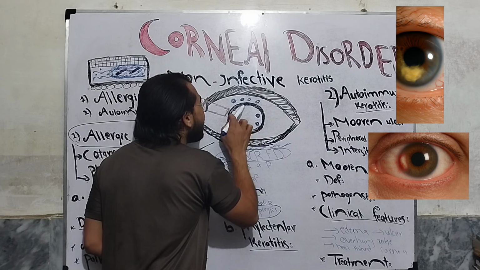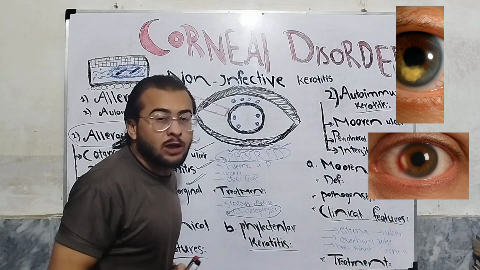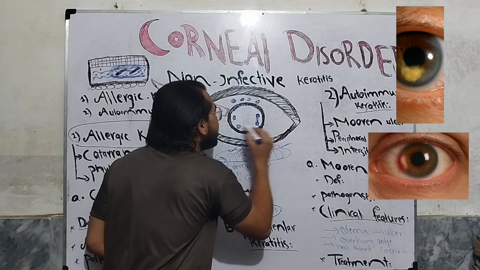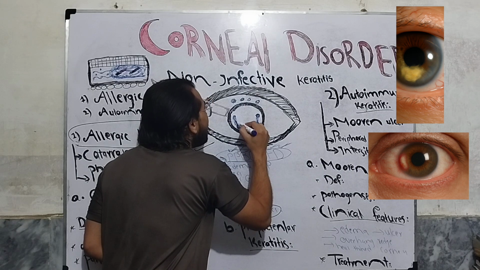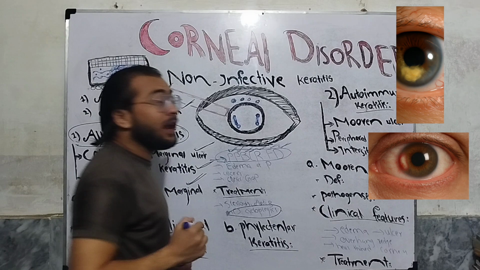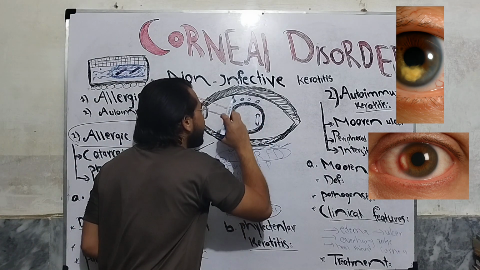So this edema will form at 2, 4, 8 and 10 o'clock positions, and ultimately these edemas will coalesce together and form large edematous areas, which will ultimately lead to the formation of ulcer.